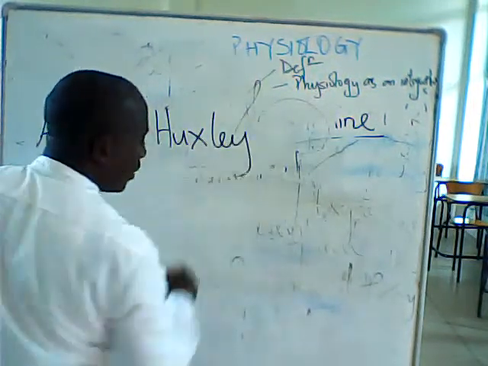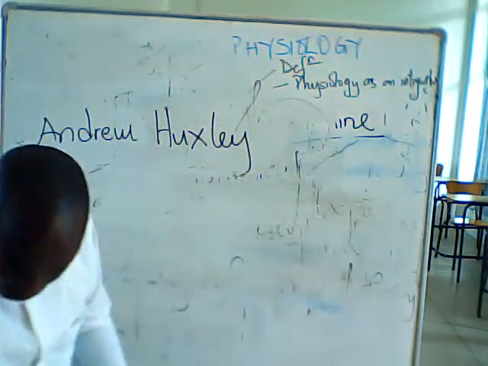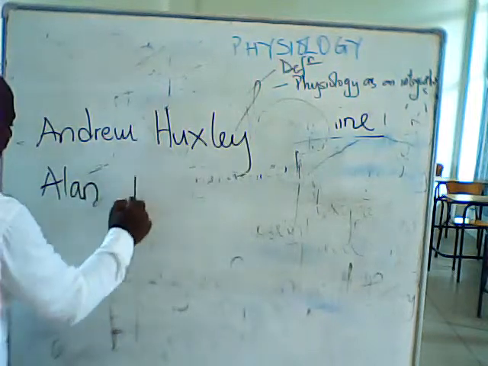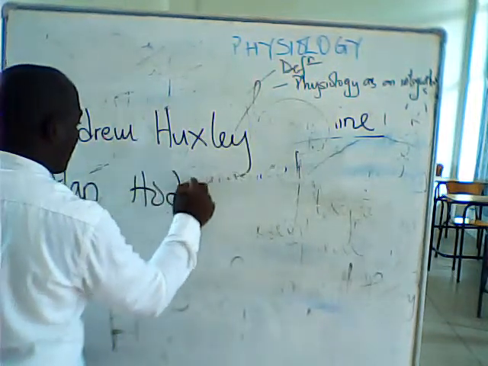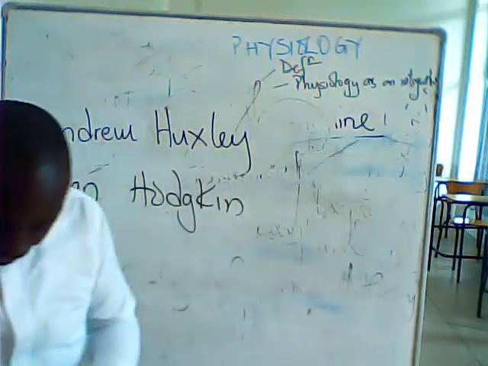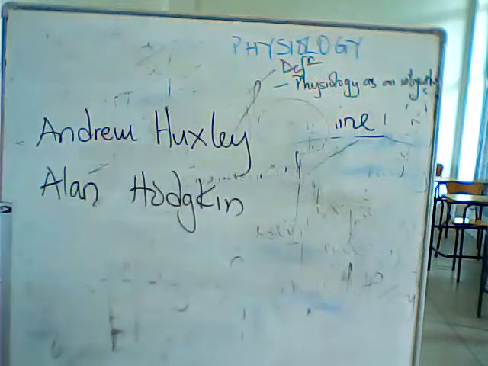Andrew Huxley, and Alan Hodgkin. They discovered the ionic mechanisms by which nerve impulses are transmitted.